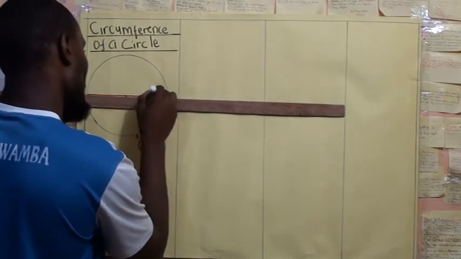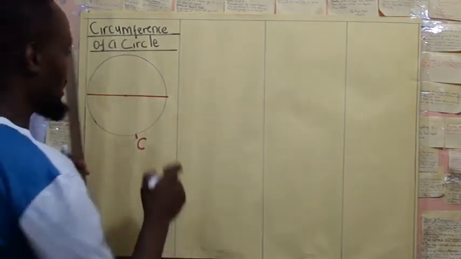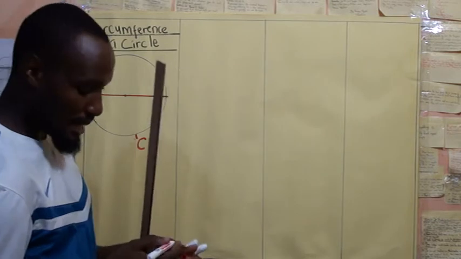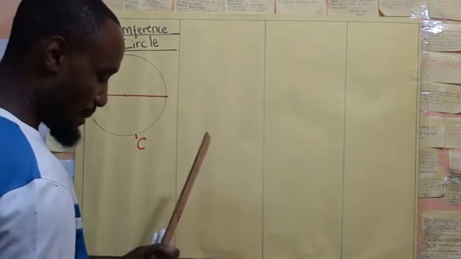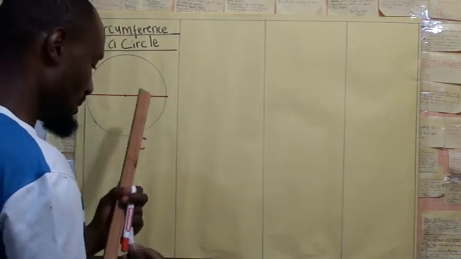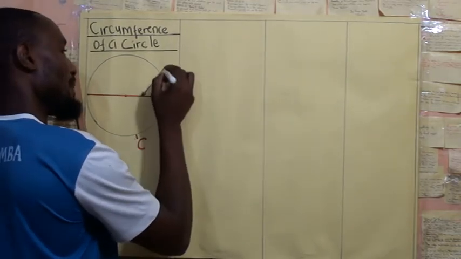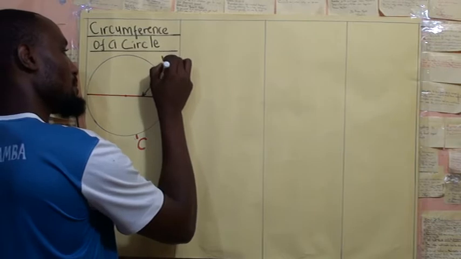This line is called the diameter, and in short form we call it D.